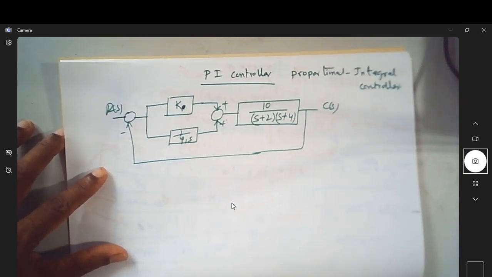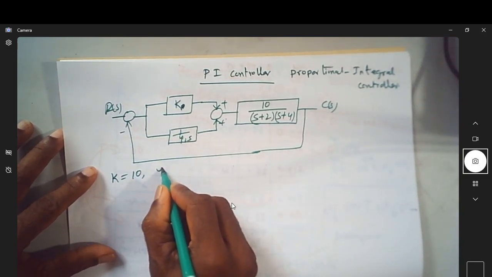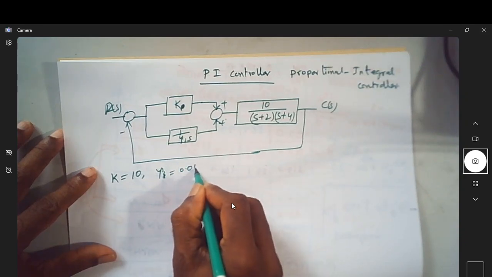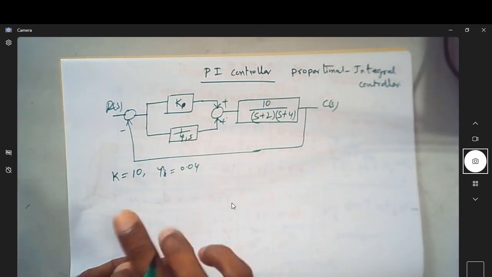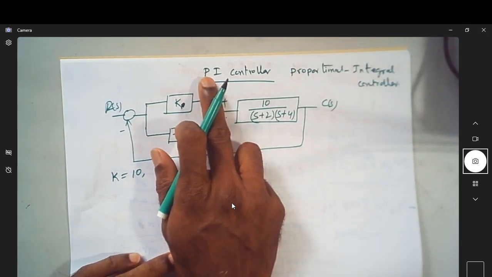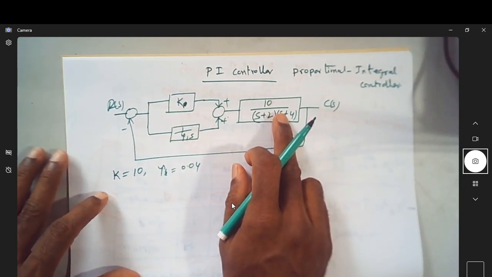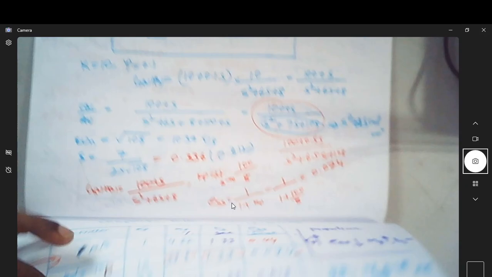So let us try to understand, for a value of K equal to 10 and tau equal to 0.04, what is the transfer function we're going to get after the PI controller. Without this controller, we know the values of overshoot, settling time, and so on.